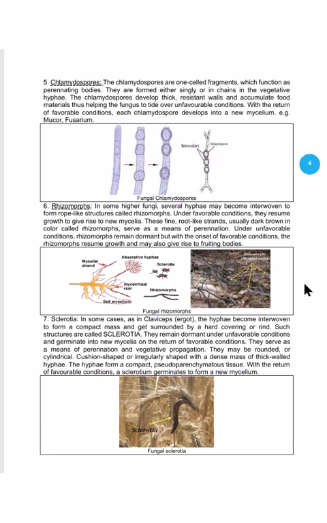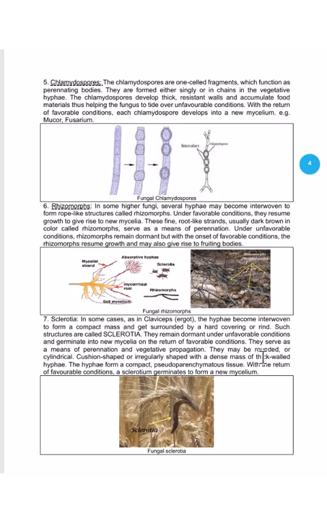As we explained before, fruiting bodies are aerial hyphae that protrude out from the substratum or the medium where the fungus lives. So as you can see, rhizomorphs are strand-like or root-like strands.